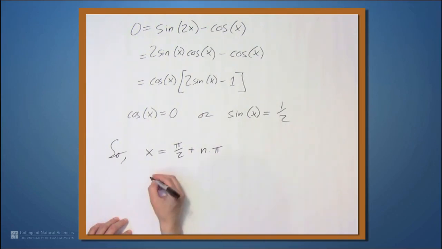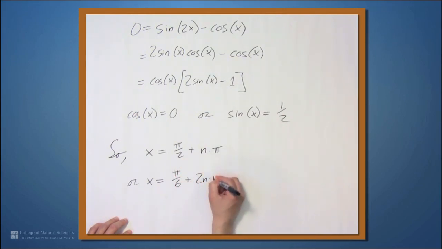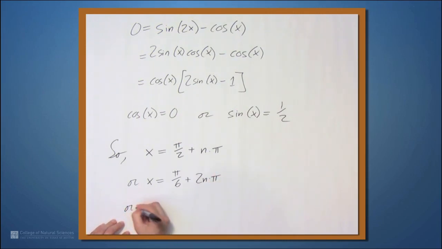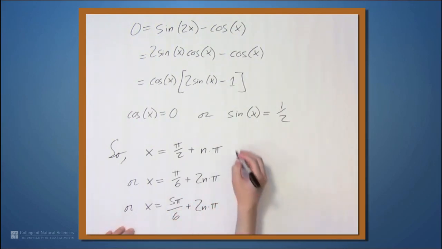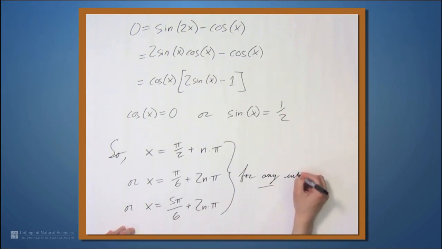Sine gave us two solutions, so x equals pi over 6 plus 2n times pi, or x equals 5 pi over 6 plus 2n times pi. And all of these are for any integer n. And that's our solution.